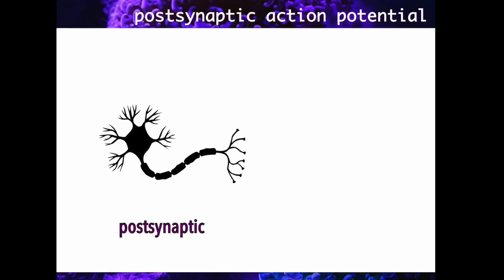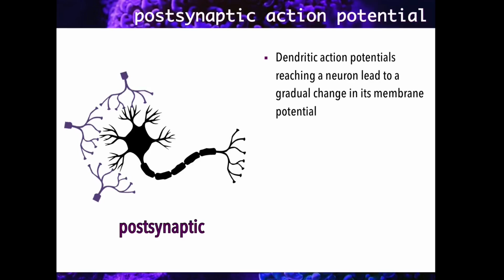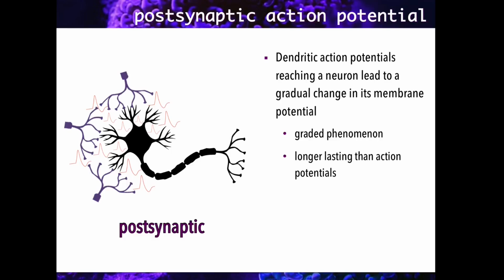Postsynaptic action potentials are different from the presynaptic type we just saw. They do not take place in the axon, but in the dendrites of the neurons. The dendritic action potentials that reach a cell from other neurons lead to a gradual change in its membrane potential. This is a graded cumulative phenomenon, in contrast to the all-or-none nature of presynaptic potentials. Also, postsynaptic potentials last much longer than presynaptic spikes, in the order of tenths of milliseconds.